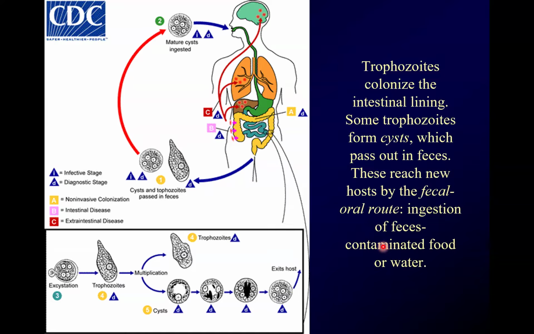The cysts pass out in the feces, and if you don't have good control of sanitation, if you're in a place where, for example, farm workers aren't given restrooms to use, or human waste is used as fertilizer, or people are just not real careful about washing their hands, the cysts can get onto food or can get in water that others will ingest, and that's how this thing goes from one person to the next.